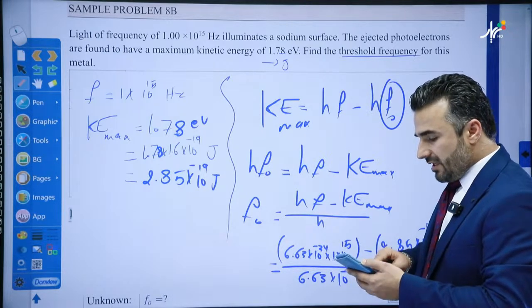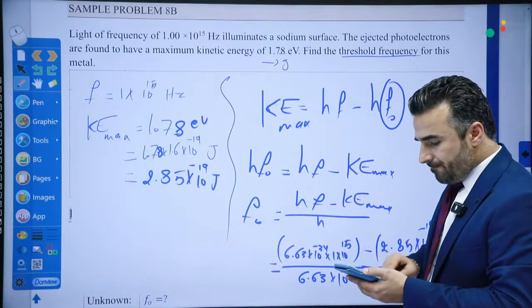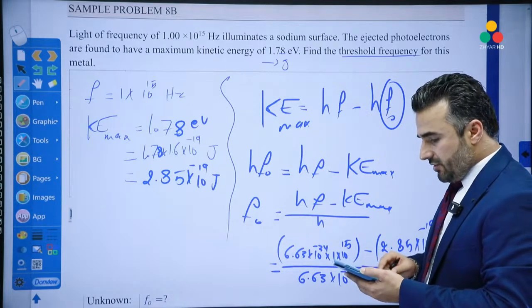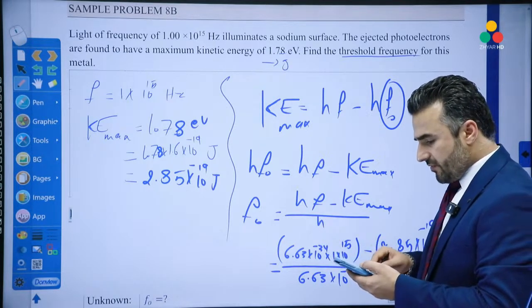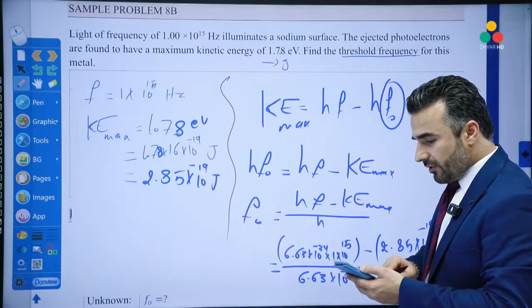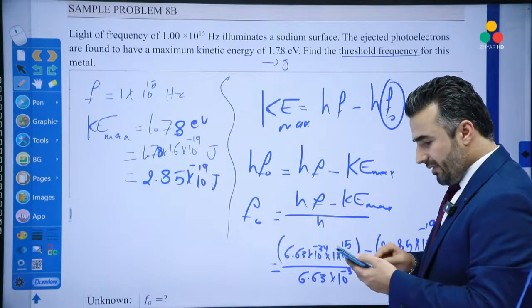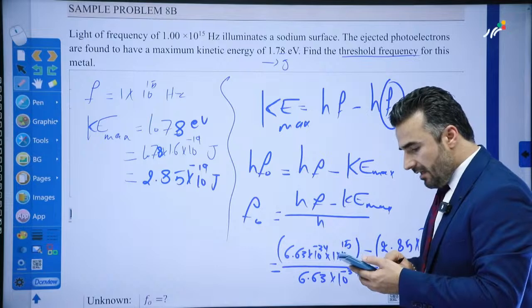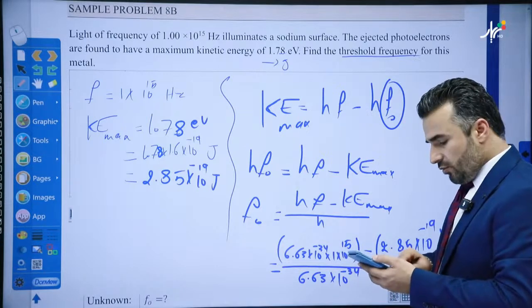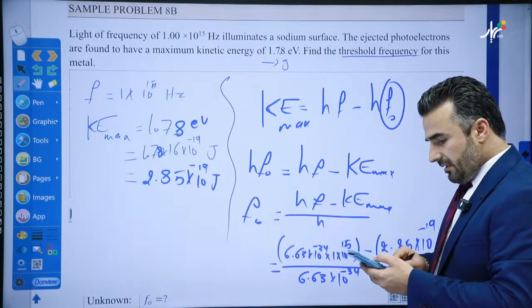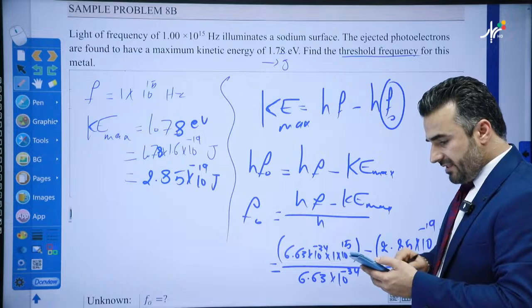Okay, so let's begin with this. 6.63, you can do it with me, just to double check with the answer. 6.63 times 10 to the power negative 34, and then of course multiplied by 1 times 10 to the power 15, right?